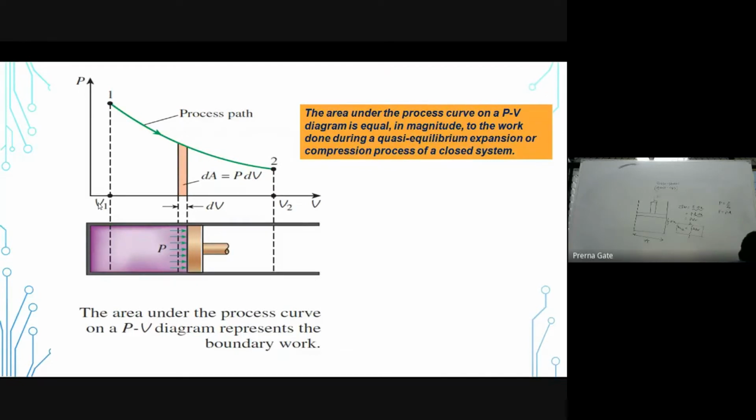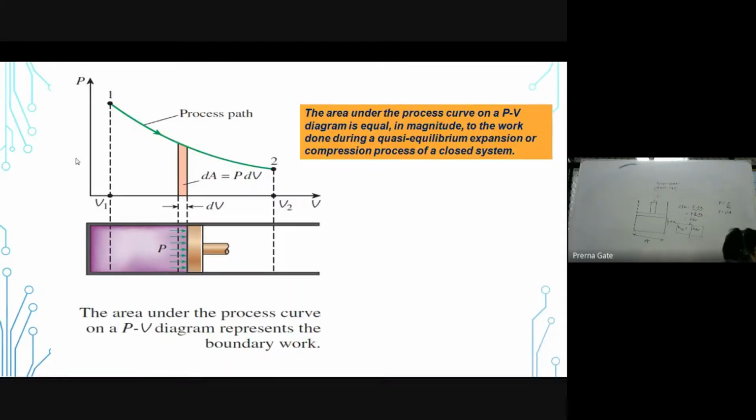Now I am representing this work done on a PV diagram. Okay, so I'm representing this compression process on a PV diagram, as you can see on the screen. Am I audible?